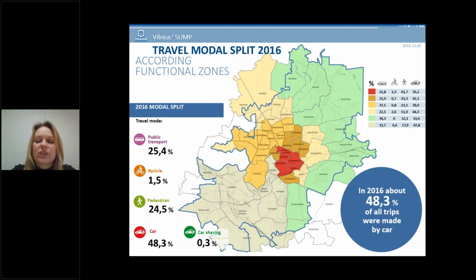So to support this discipline, although it was not in our task, we understood that it's necessary. We had a nice team of anthropologists who really helped us with advice on how to change the attitudes of different target groups in different areas of the city.